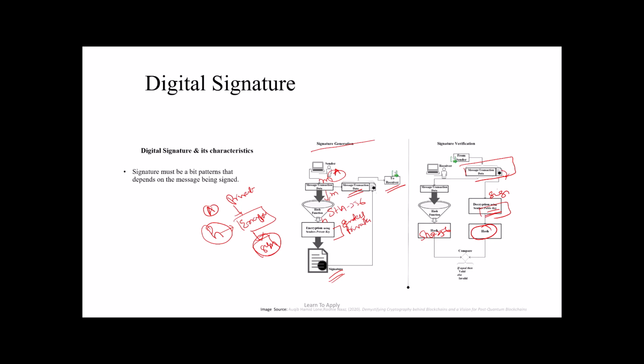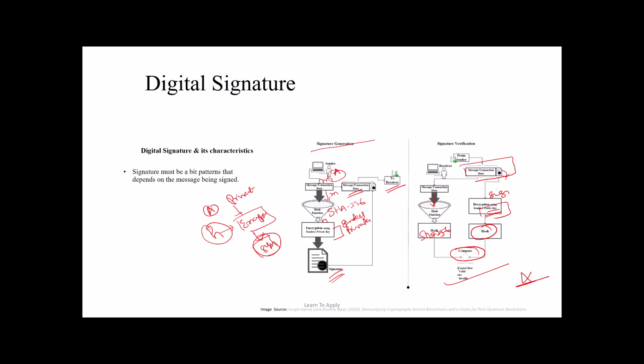So the receiver gets two hash values now: one from simply taking the hash of the plain message, and one from the signature. Now he compares those two hash values. If they are equal, the signature is valid. If they are not equal, the signature is invalid, right?